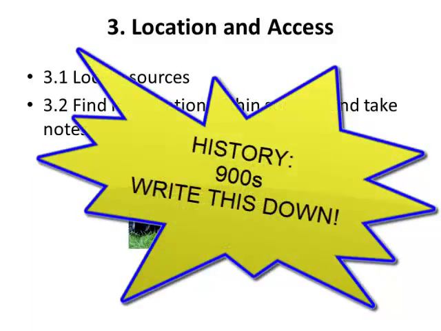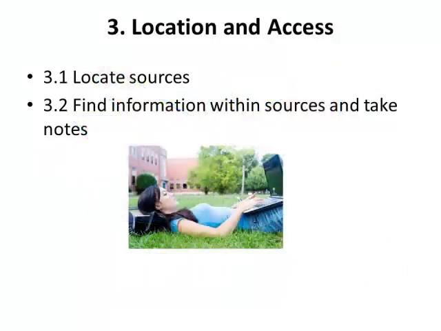Ready Reference is a section in the center of the library that has numerous sets of encyclopedias, dictionaries, foreign language dictionaries, atlases, and other specialized encyclopedias ready at your fingertips. In general, most of these are organized alphabetically.